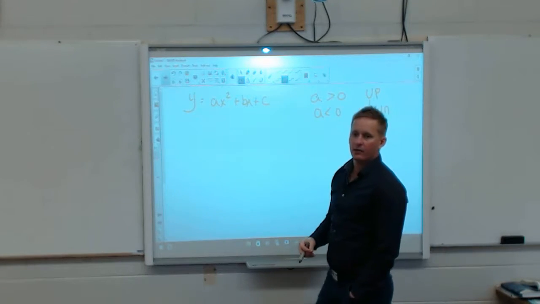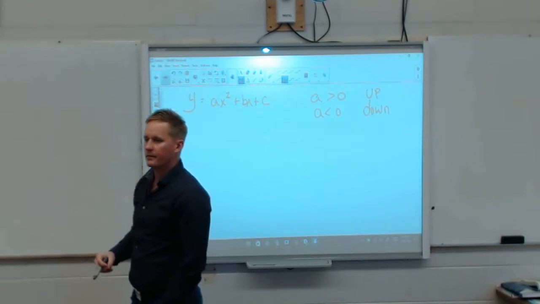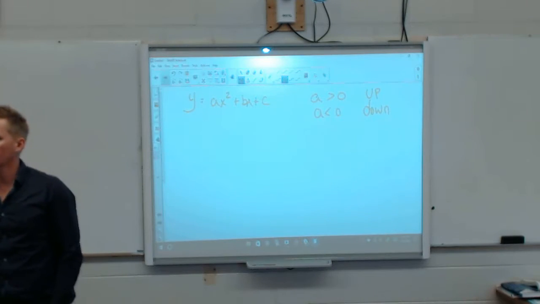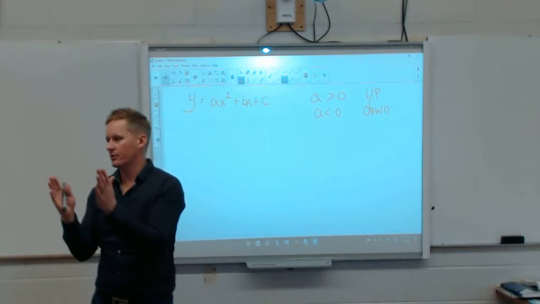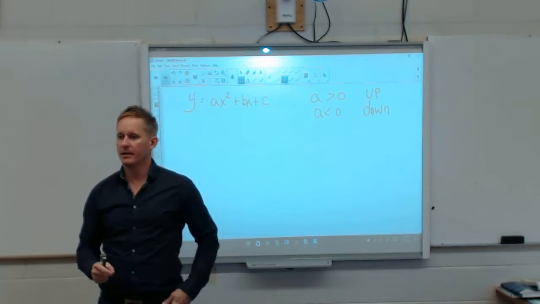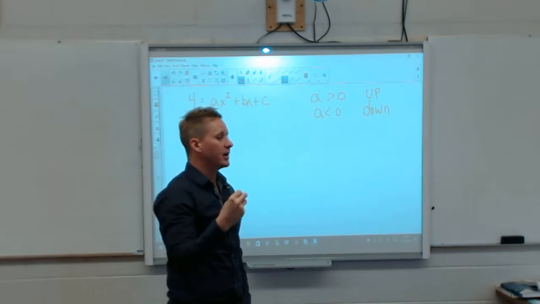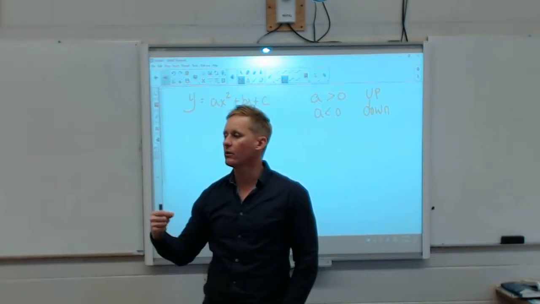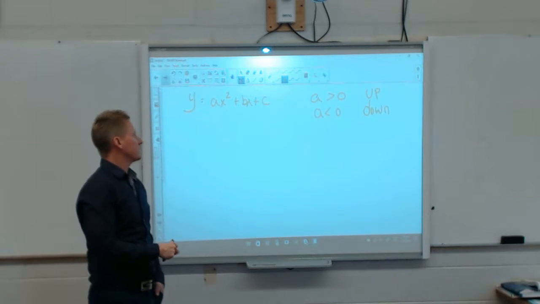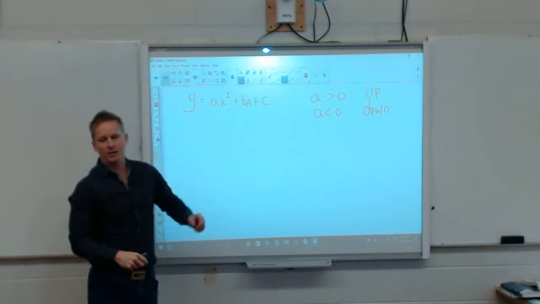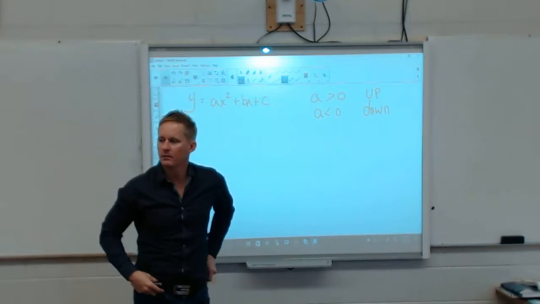Awesome. Well said. Okay? If the a value is greater than 1, or smaller than -1, it narrows your graph. Okay? Because it goes up faster, because you multiply all of the y values by that a value from your original graph. So that's great. And then the b value, what did it tell us?